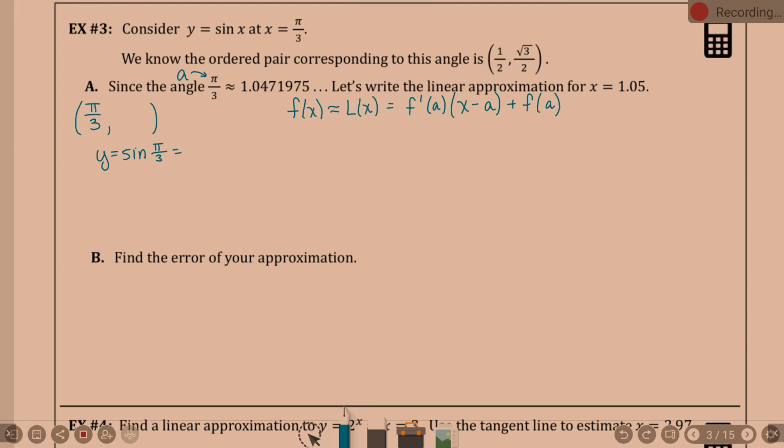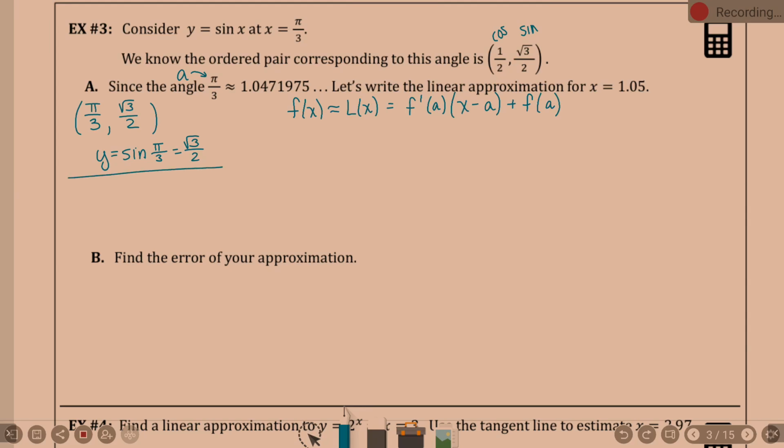And go back right here to our ordered pair. Square root of 3 over 2. So the ordered pair we're going to be using is pi over 3, comma, square root of 3 over 2. And then we also need our slope. How do we find the slope? We need the derivative, yes?